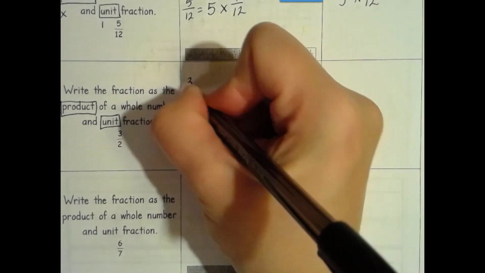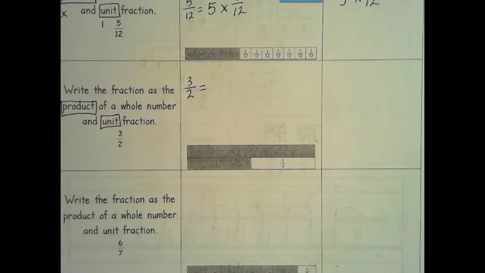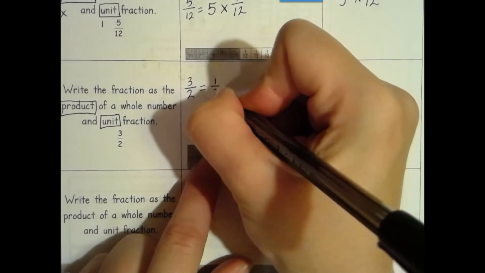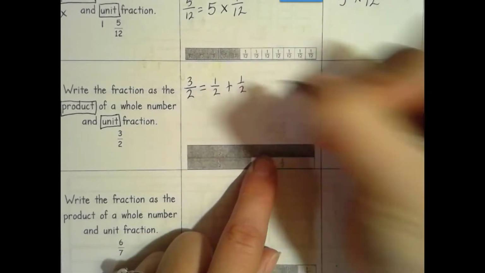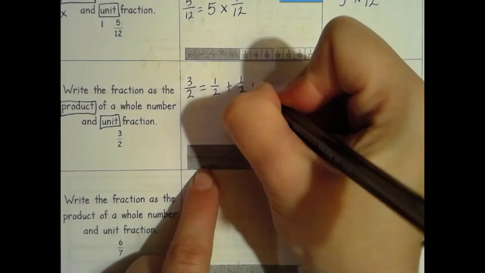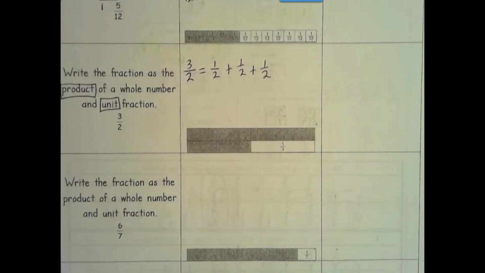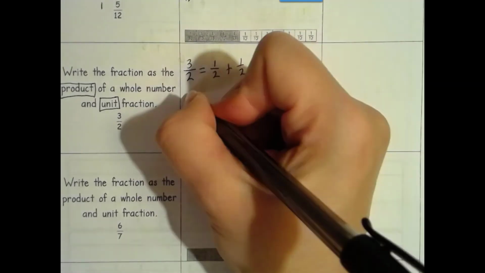So I'm going to use my decomposition for 3/2. That is 1/2 plus 1/2 plus 1/2. I am joining together 1, 2, 3 of them.